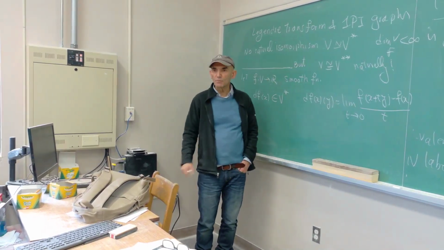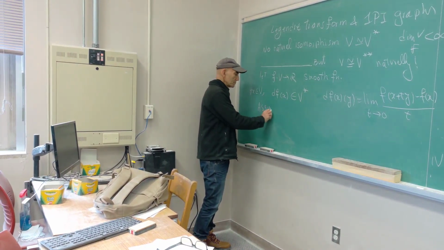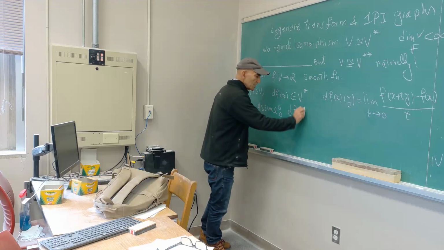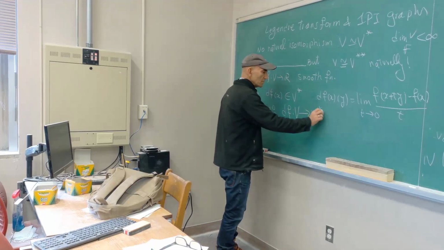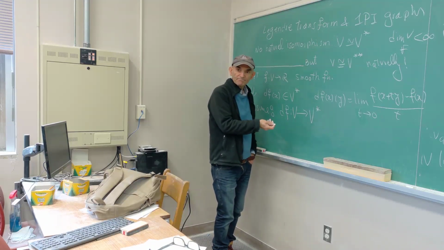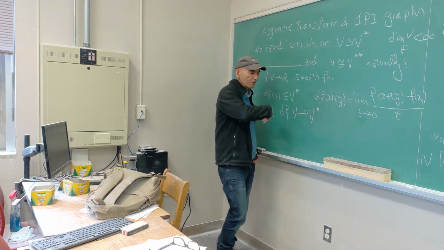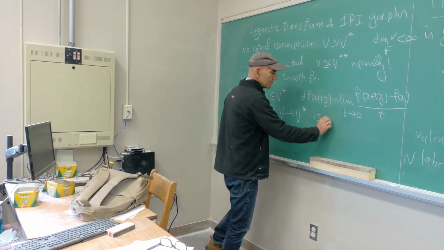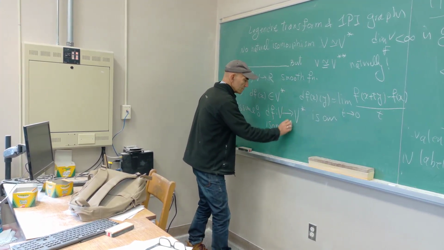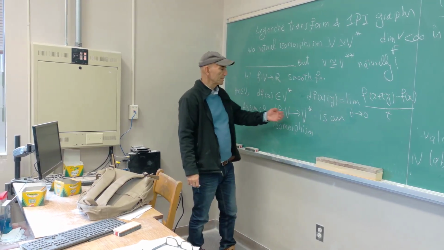Now here is where we assume a condition that I need. Assume that this df, which is a map from V to V star, is actually an isomorphism.